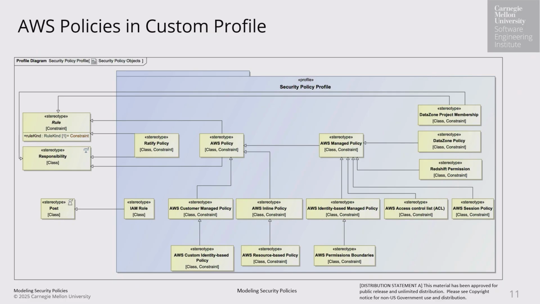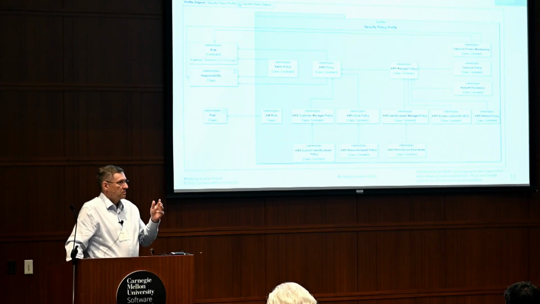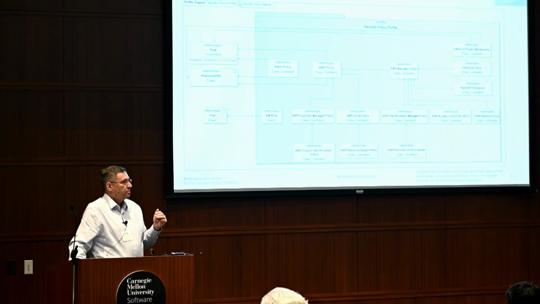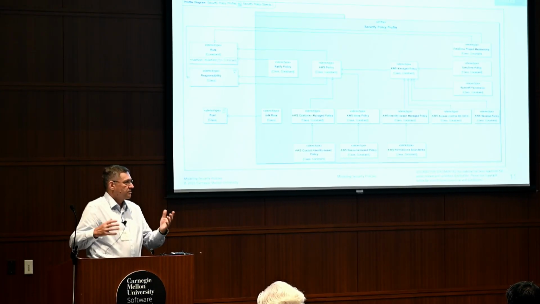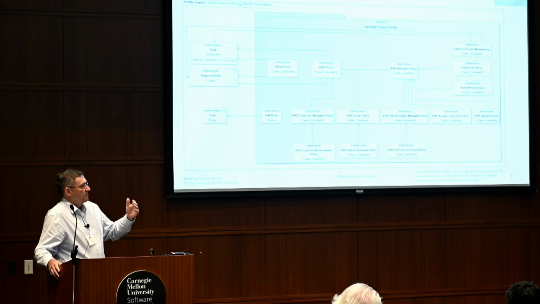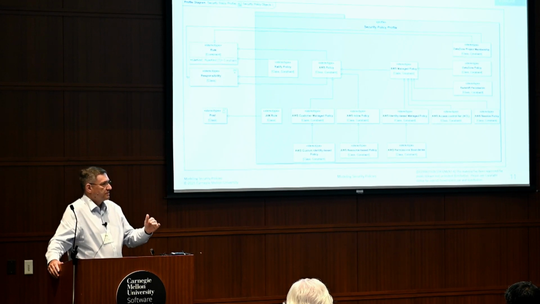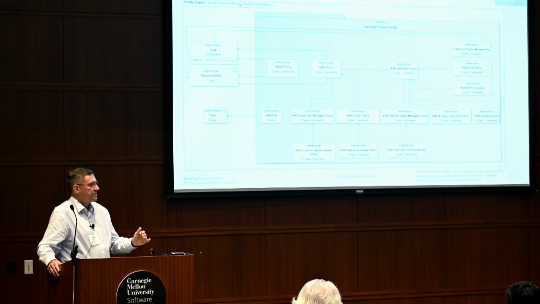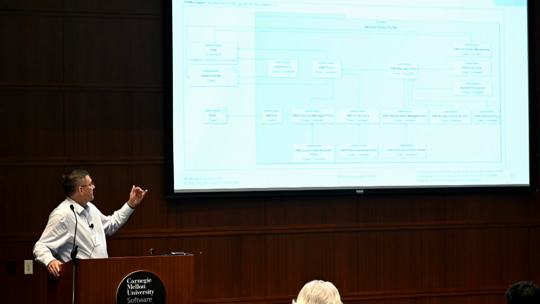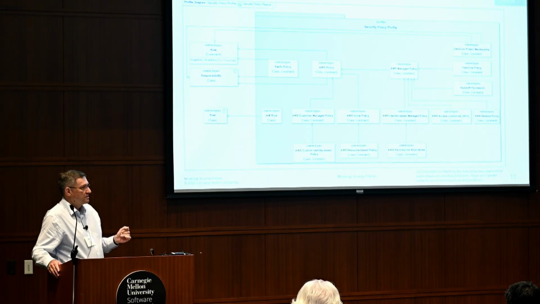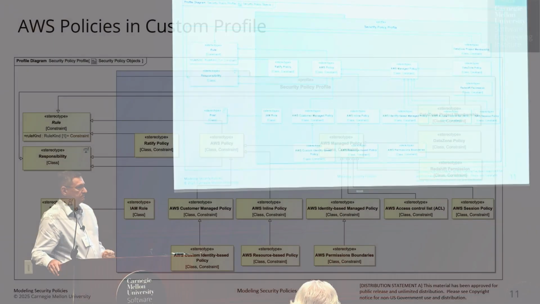So when you design your system, you start from the top, usually, unless you reverse engineer something. And then you gradually go down to the lowest level. That's where the discrepancy will happen. And then your profile would have to embrace various types of policies.